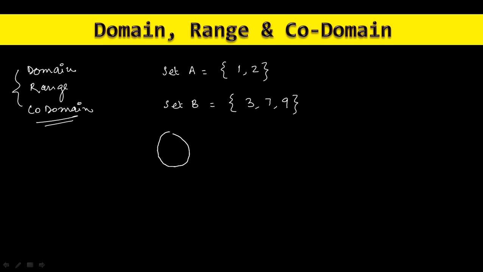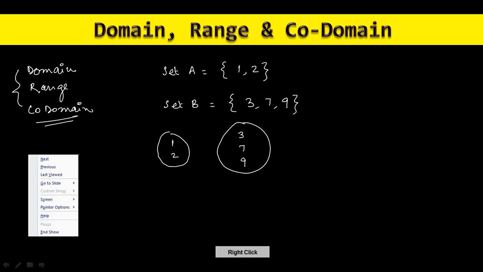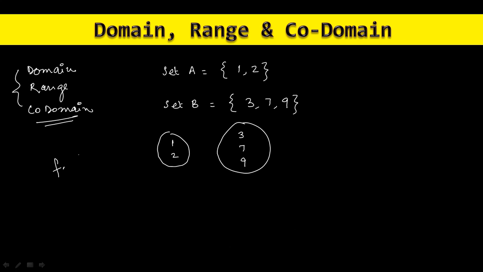First one is set A and second one is set B. Suppose one function is there and the function is designed in such a way that by inserting 1 I am getting answer as 3 and by inserting 2 I am getting answer as 7.